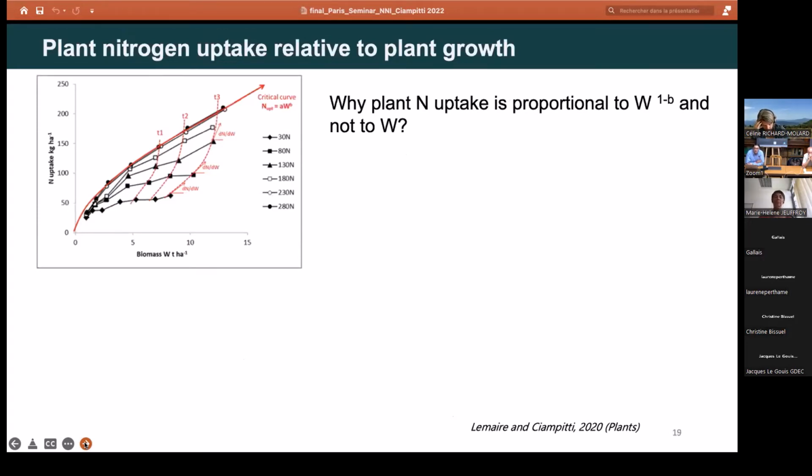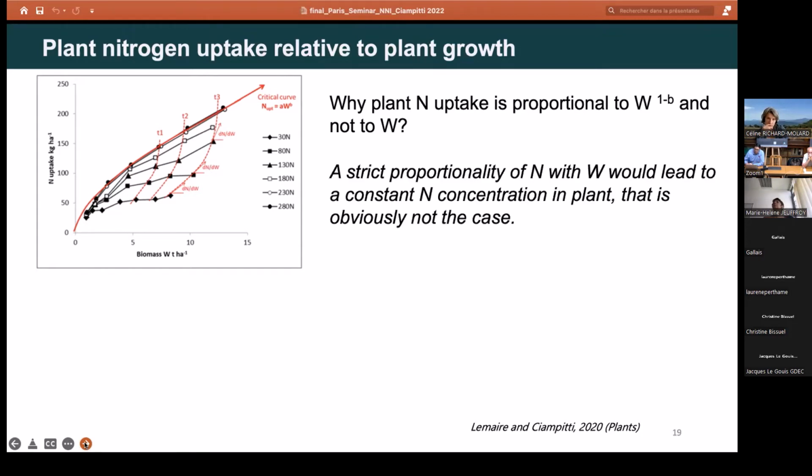But the challenge is that it's not as simple. The main problem that we have is that we are taking two outputs, yield and the nitrogen fertilizer, and we are making a ratio. And we understand that the processes in the plants are not just a simple calculation of a ratio. So in many situations, even looking at the first studies from Plenet and Lemaire, there was a discussion there of the proportionality of uptake to biomass and why it's not proportional to biomass.